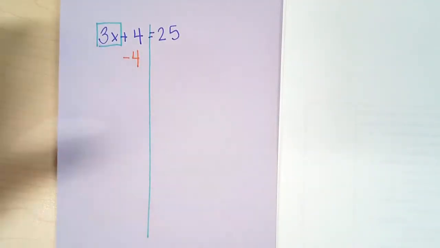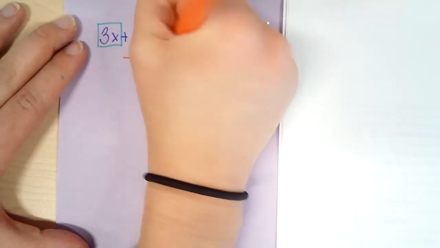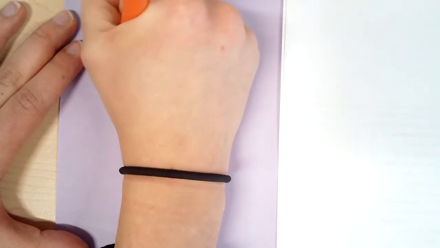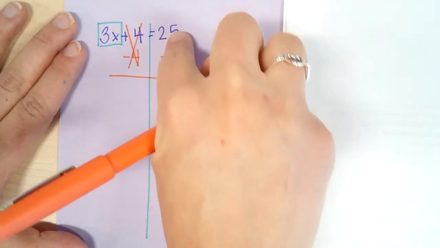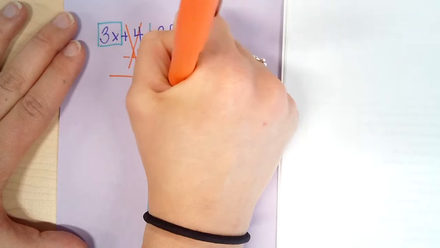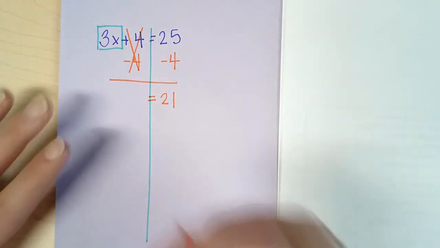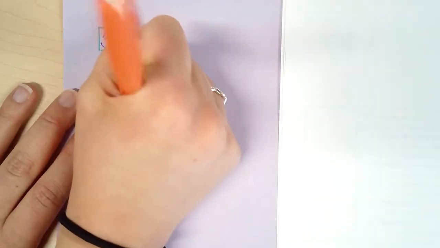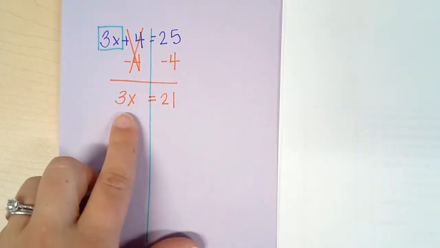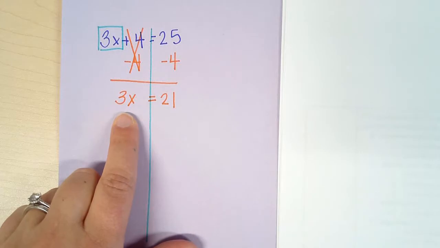Because I subtract 4 on this side, I will also subtract 4 on this side. Now I bring down 25 minus 4, which is 21. And I can now unlock this box and bring down 3x, 3 times x.